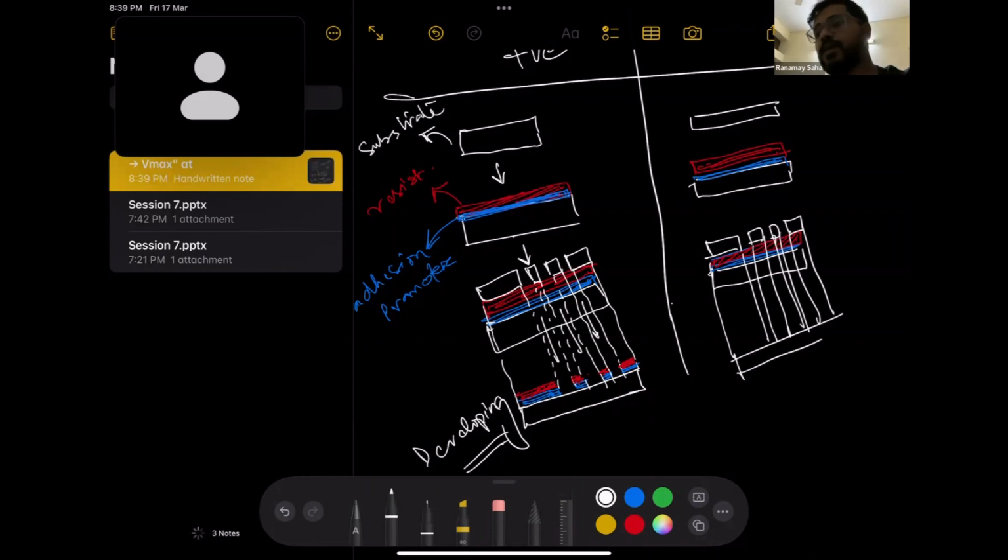Any of the areas which you expose to your UV or X-ray remain, and the unexposed areas wash away. So these portions which are unexposed will wash away, and the areas which have been exposed will stay there.